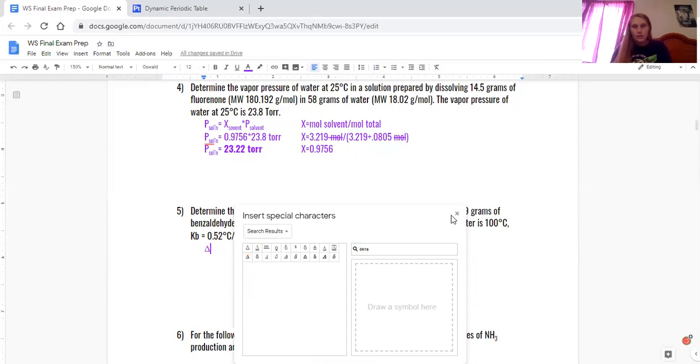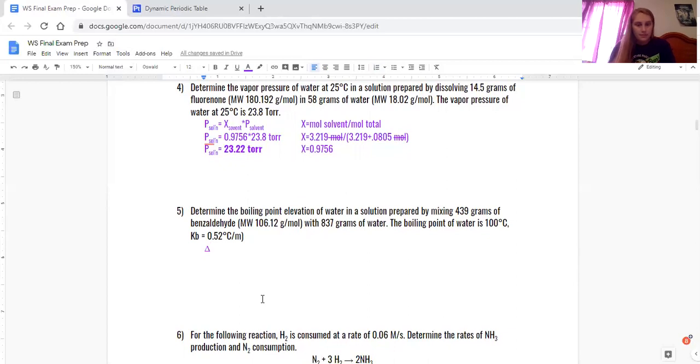So we're going to have delta T, the change in temperature when it boils, equal to i times Kb times molal. Whoops, not molarity, molal. Okay, so let's fill in what we know. We're solving for this right now.